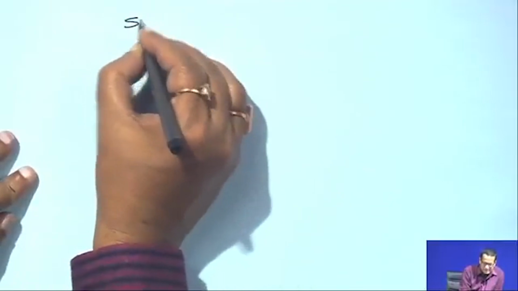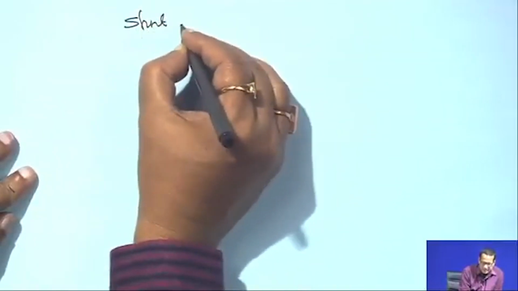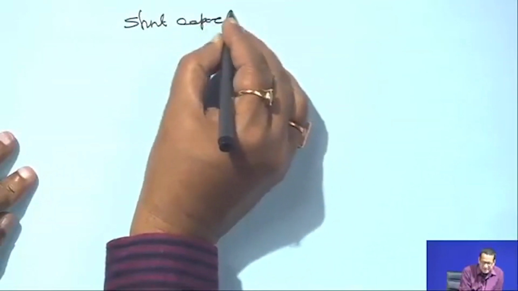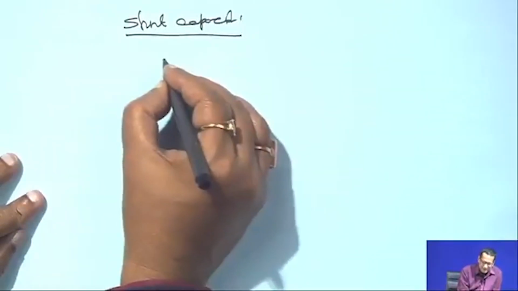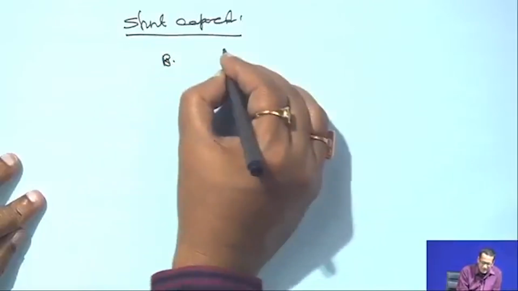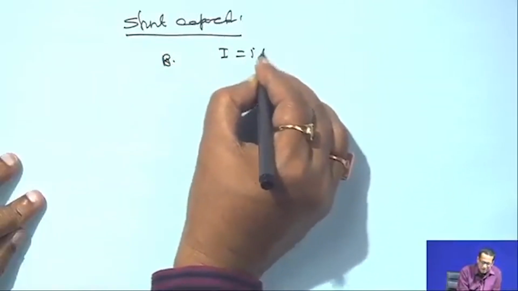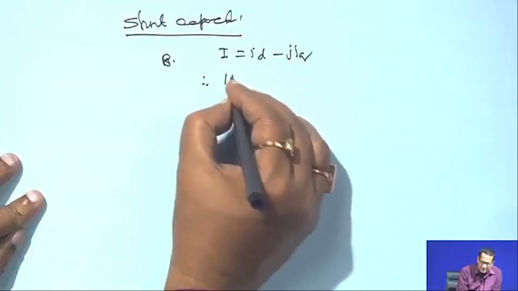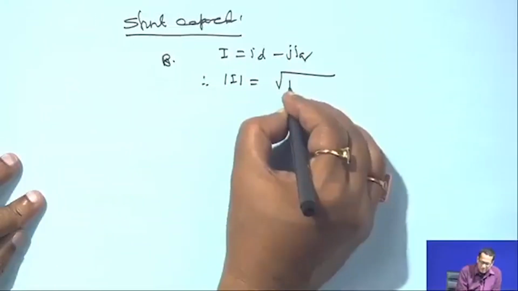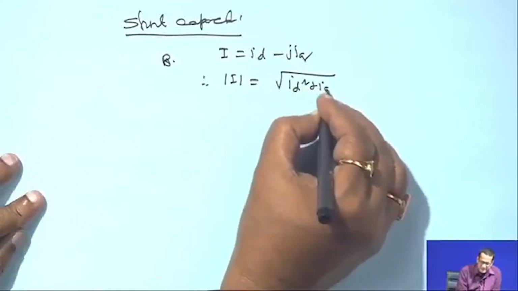For the shunt capacitor, without anything, if the current is I equal to I d minus j I q, then its magnitude I is equal to root over I d square plus I q square.